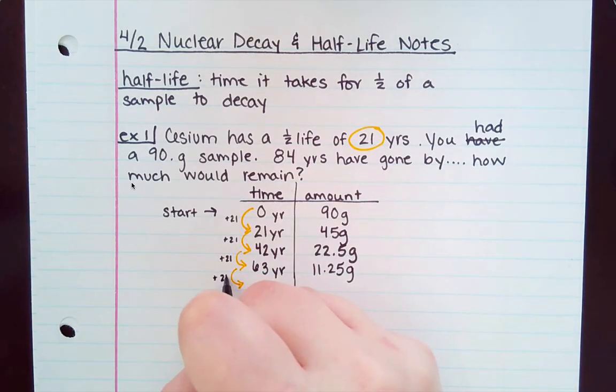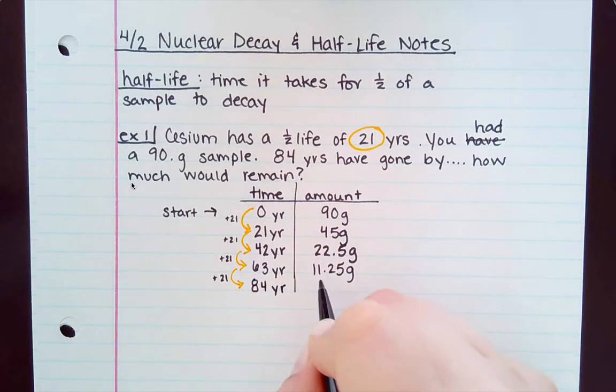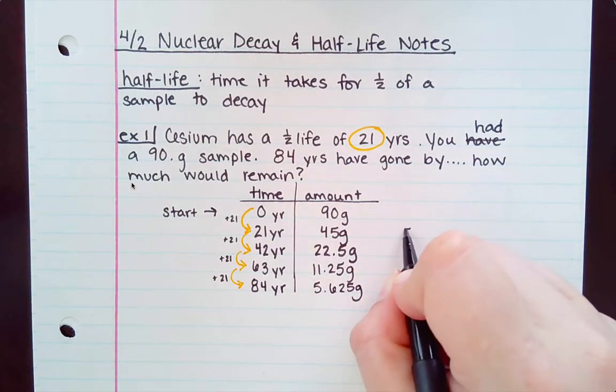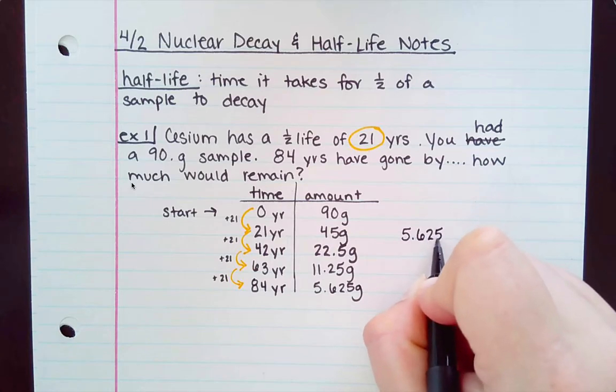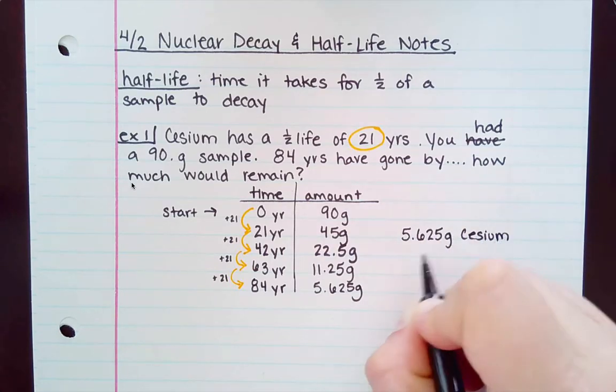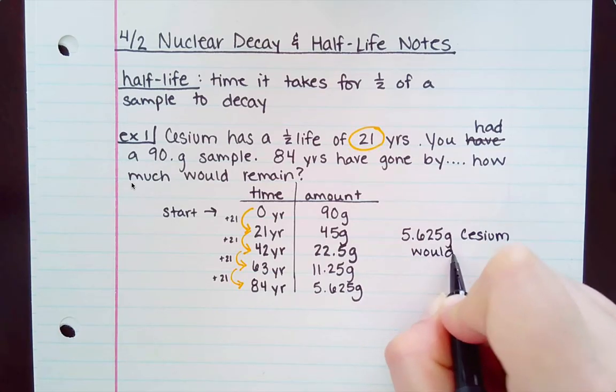So another 21 years brings us to 84, and that's our goal. Half of 11.25 is 5.625. So how much would remain after 84 years? 5.625 grams of cesium would remain.